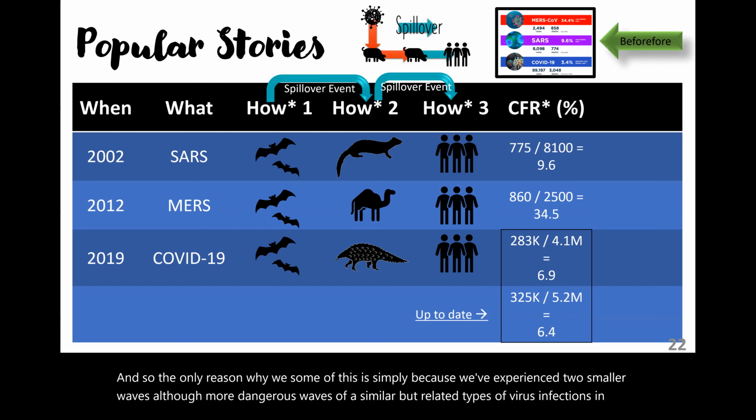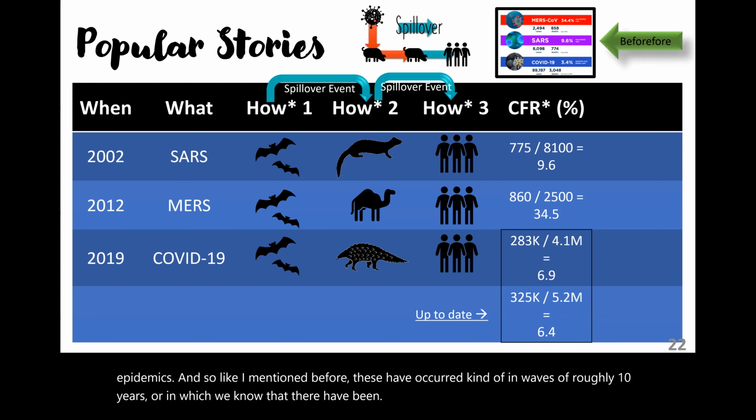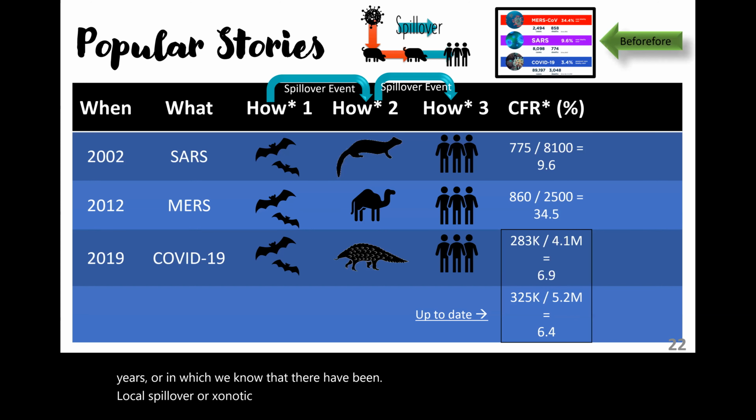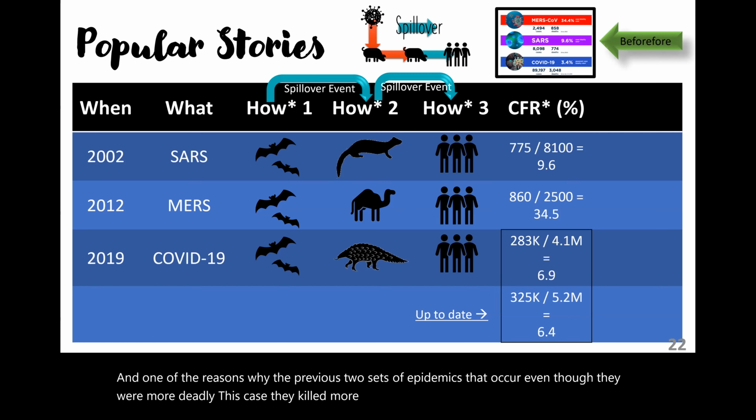Like I mentioned before, these have occurred in waves of roughly 10 years or so, in which we know that there has been what we call spillover or zoonotic transmission from one animal to another animal to eventually us. And one of the reasons why the previous 2 sets of epidemics, even though they were more deadly, in this case, they killed more people in terms of ratio as opposed to totals.